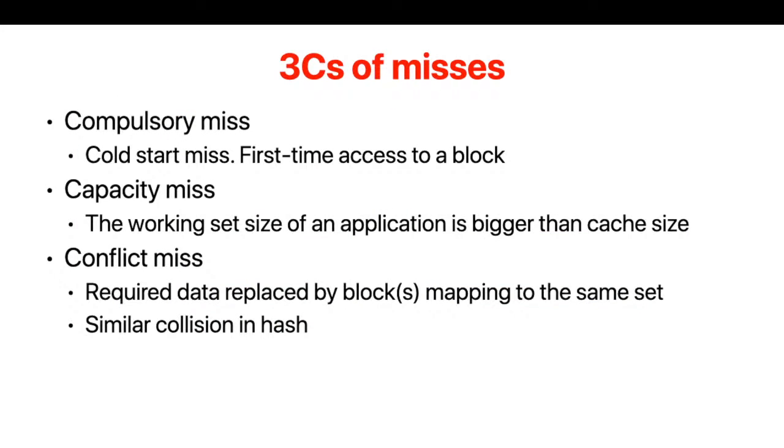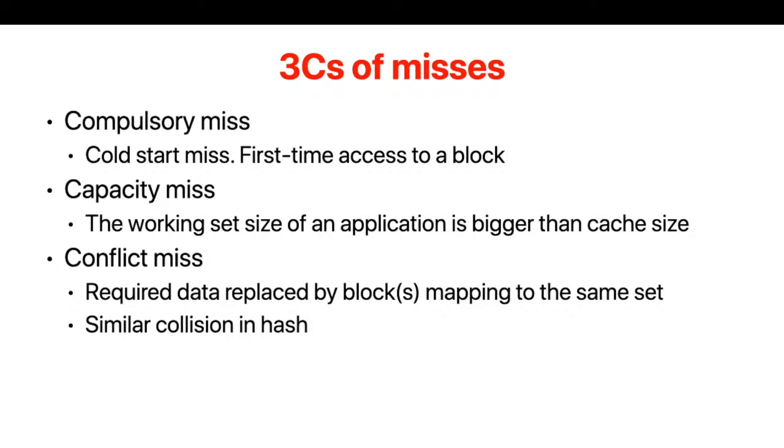And this cache idea works because we have locality. However, there are still cases where we face the reality that we will have cache misses, and there are three main reasons why.